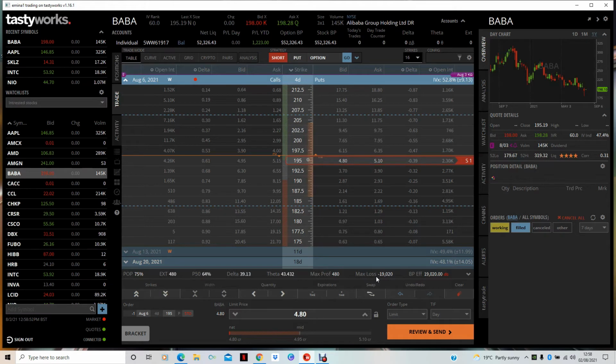So I'm going to open a contract to have the right to buy Alibaba at $195, which will cost me $19,000. Obviously, they've taken away the premium as well. So realistically, I'm buying Alibaba at $190, because $195 take away basically $500 is the price.